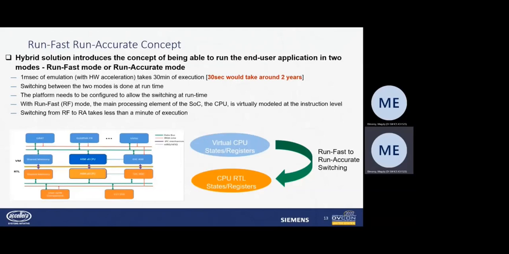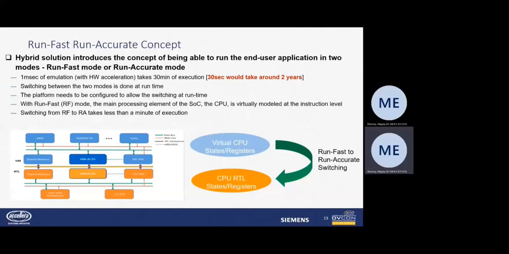In order to emulate this application on the emulator with hardware acceleration, not with simulation, the emulation of 1 millisecond would take 30 minutes of execution. Then in order to run 30 seconds of our application, we need 2 years to determine the whole activity. This is not realistic.